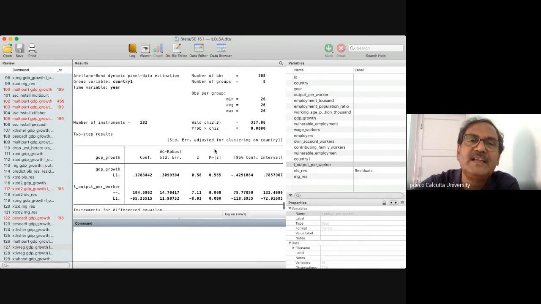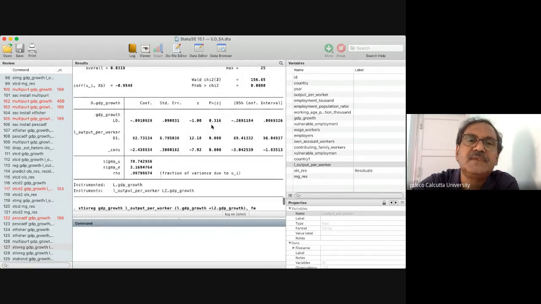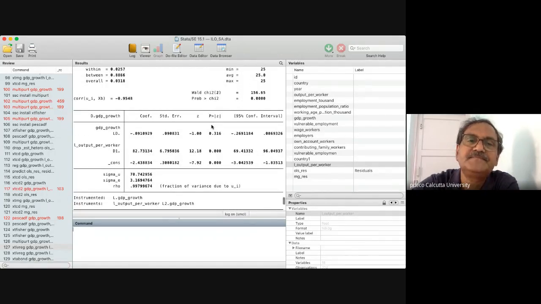What you have got in the earlier model, the estimated value for phi1 was minus 0.6786. It was also insignificant. In first difference, the value was minus 0.091.